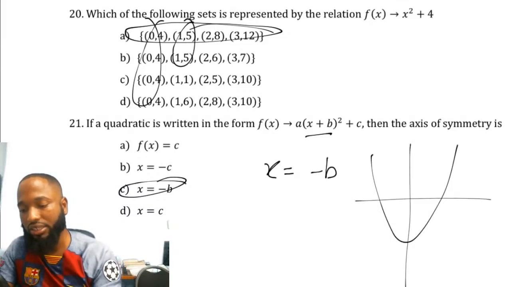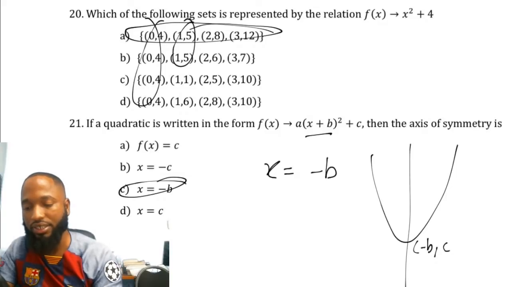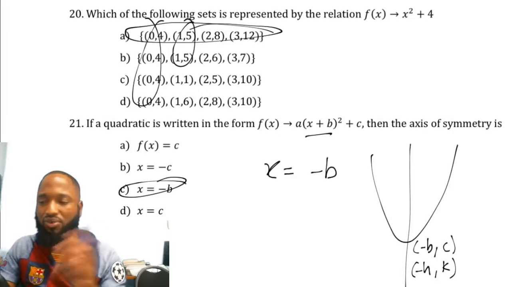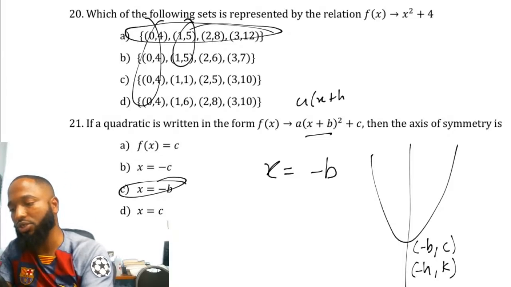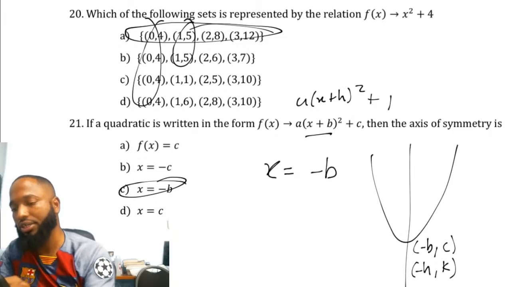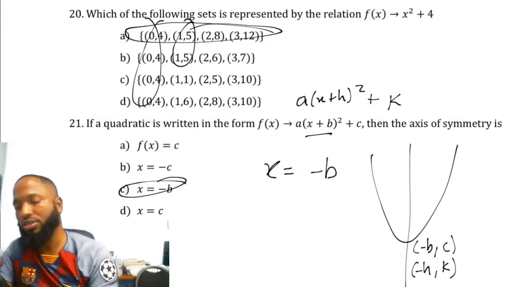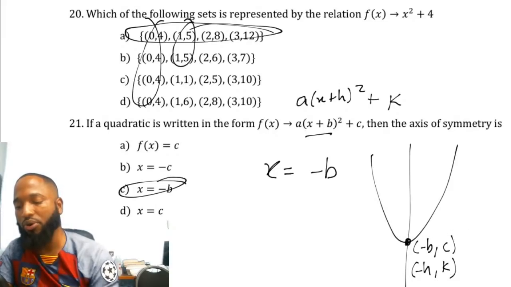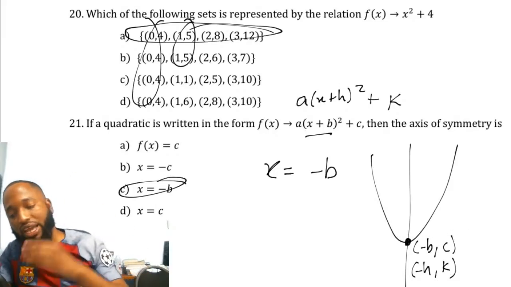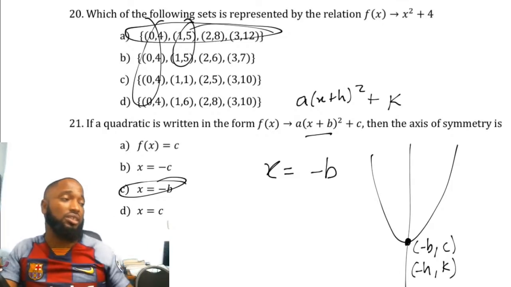This is like negative H, K, depending on what form they write it in. Sometimes they put A times (x plus H) squared plus K. So that's the minimum point, and the axis of symmetry is x equal to negative H or x equal to negative B.